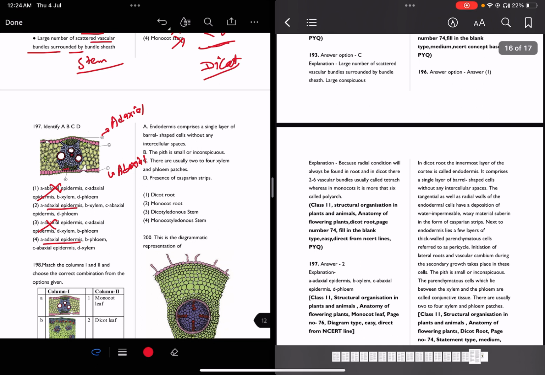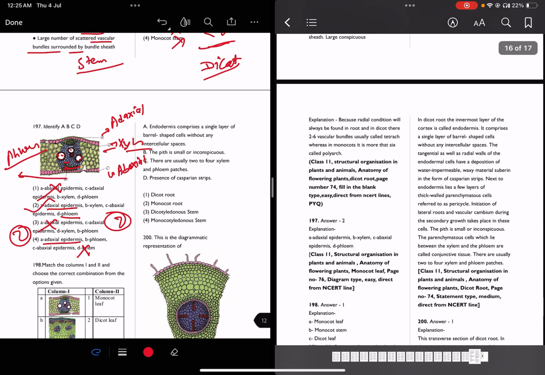D, this structure. This is the xylem, this is the phloem. Radial phloem. D is phloem, D xylem is wrong. So the answer is 2. B, this is the xylem. I am talking about this only. So the answer is 2 only. Yeah, 2 is the correct answer.